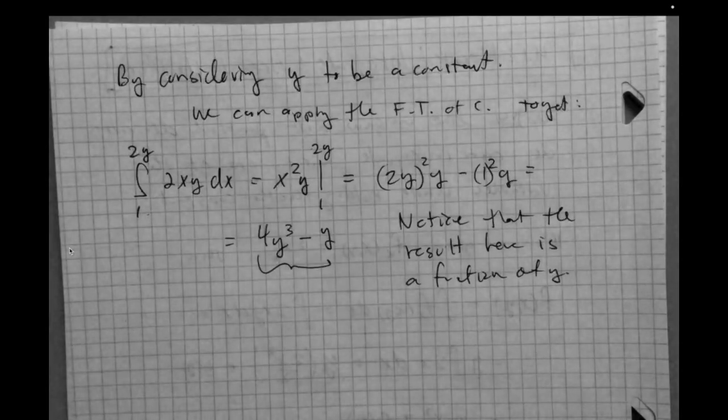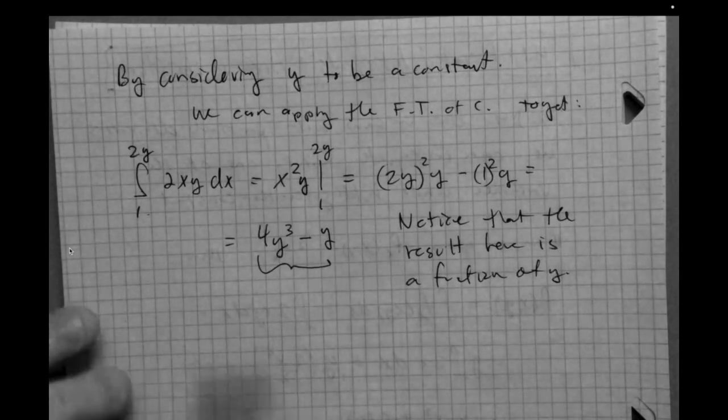We could do the same thing by holding x constant and integrating with respect to y instead of with respect to x. So the idea with iterated integrals is that we're going to place functions into the limits of the integration of the integral itself. And you can do it both ways.